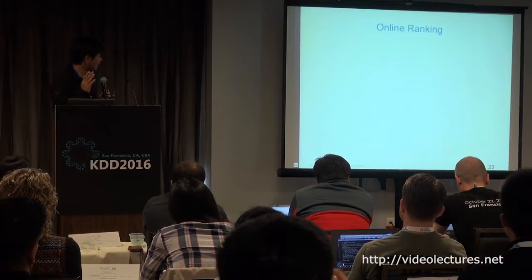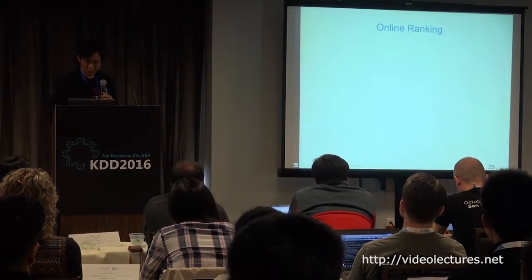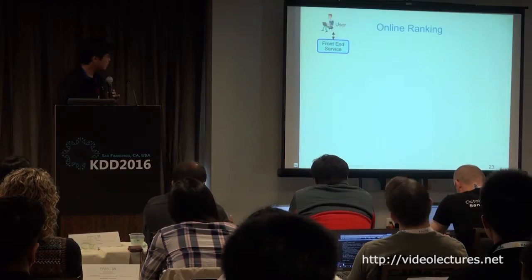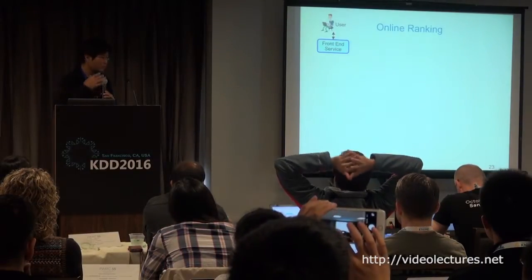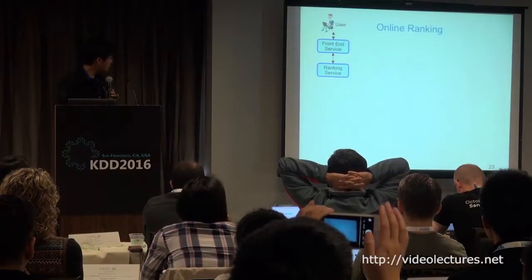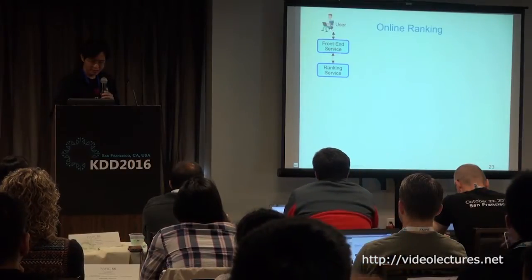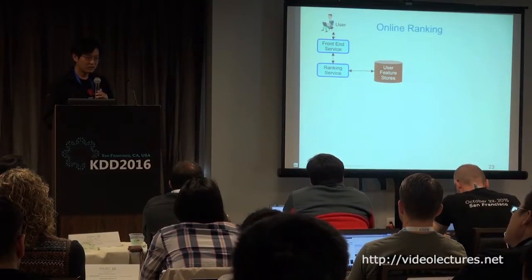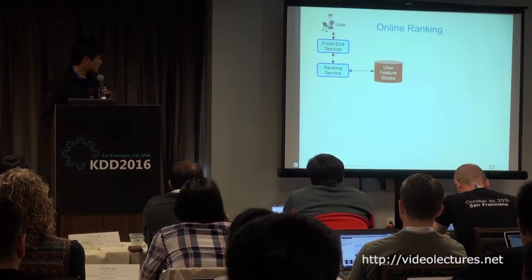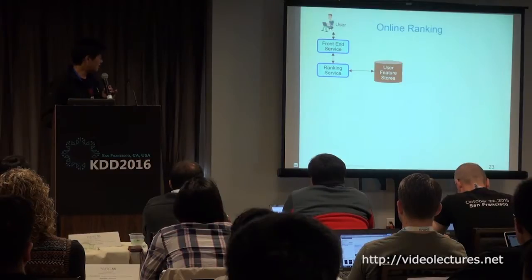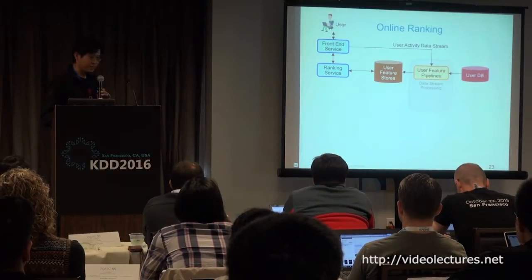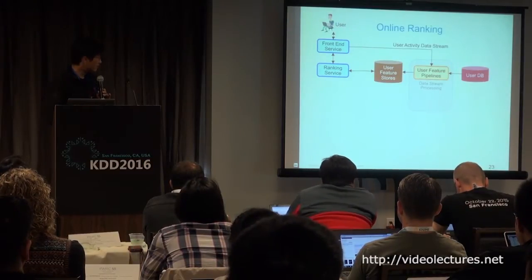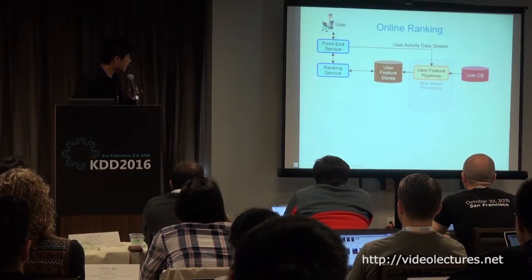So now we put everything together. The online ranking system works as follows. When a user goes on the website, the web server will make a call to the ranking service, and the ranking service will retrieve the user features and the user-specific model parameters from the user feature store, and all those features are generated from this feature pipeline.